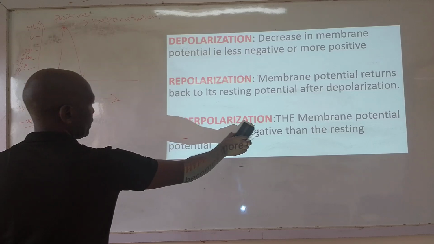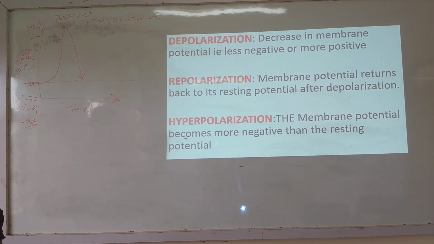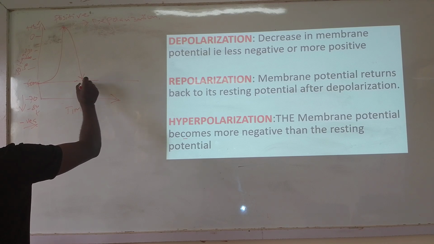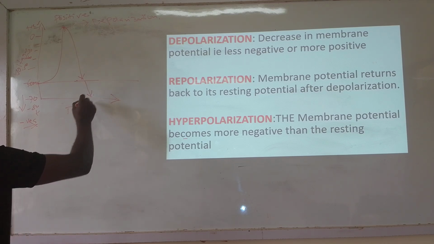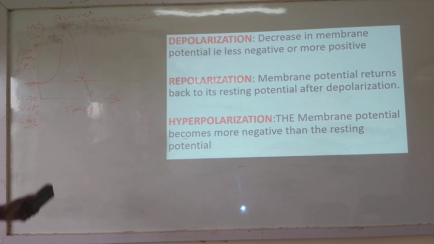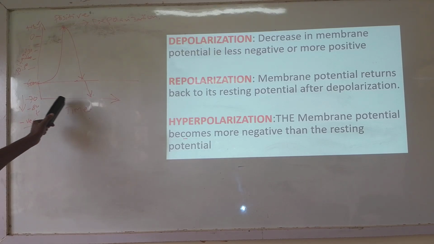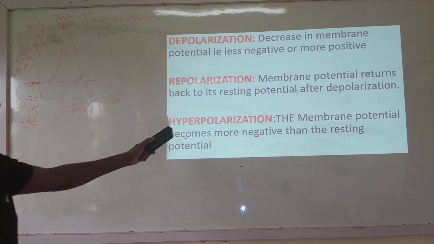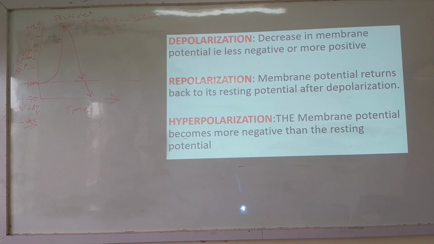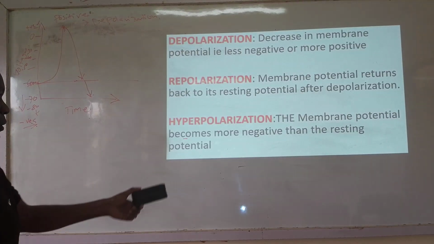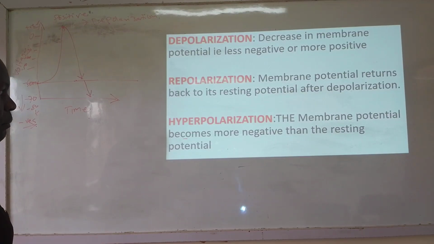And what is hyperpolarization? Hyperpolarization is when you move from the resting potential farther to more negative. If the cell has a resting membrane potential of negative 60, and I go to negative 70, I have hyperpolarized that cell. The membrane potential becomes more negative than the resting potential.